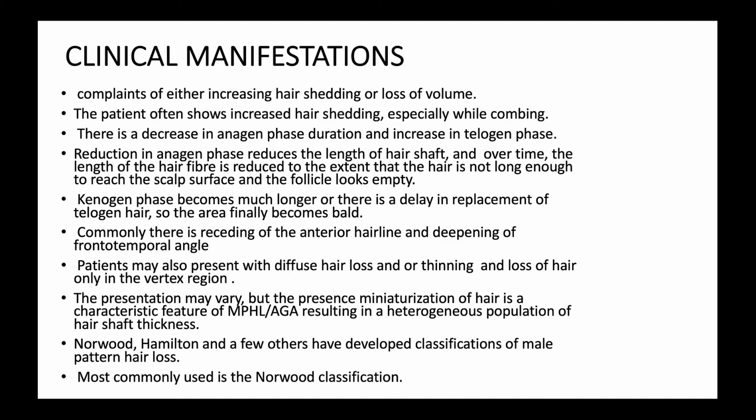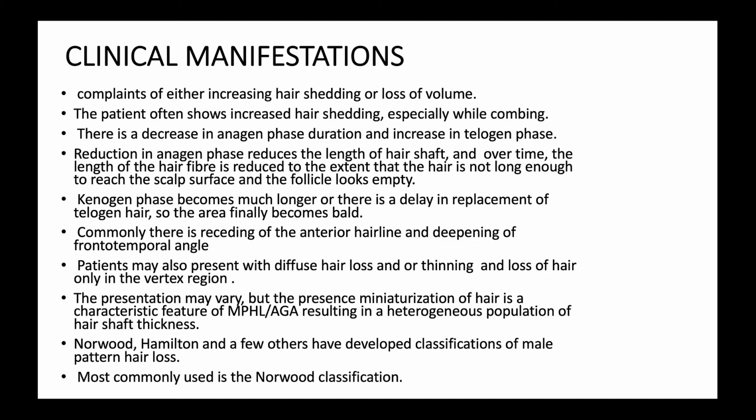Patient may also present with diffuse hair loss and or thinning, and loss of hair only in the vertex region even. Some patients may show only thinning or baldness or hair loss in only the vertex. Presentation may vary, but the presence of miniaturized hair is the hallmark of AGA, which you see as a heterogeneous population of hair shaft thickness.